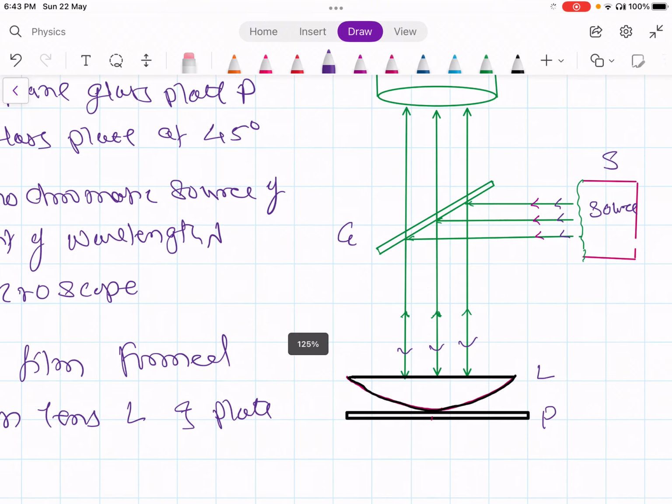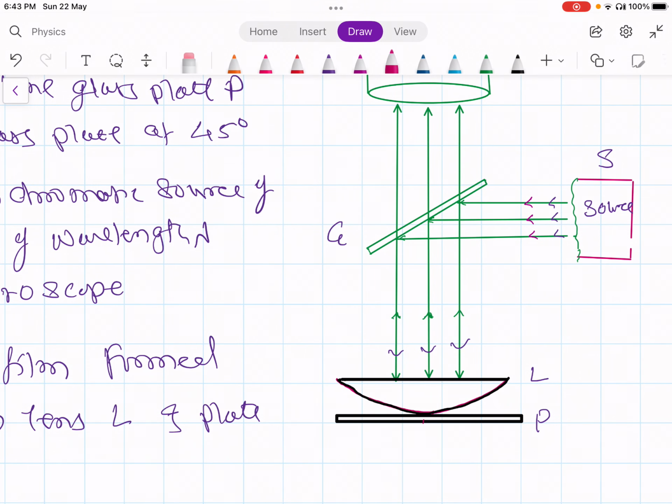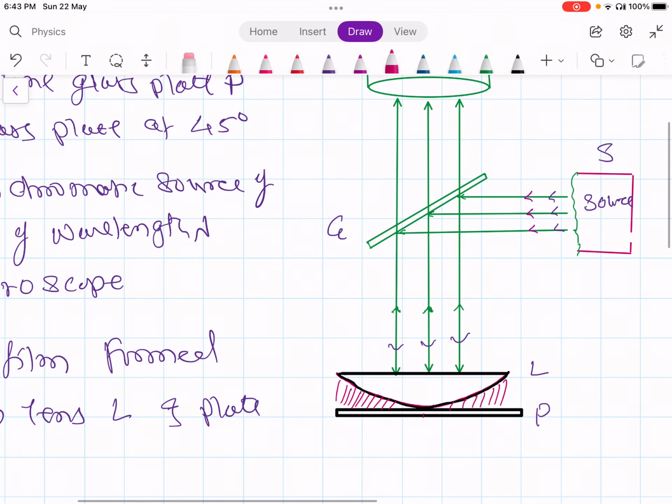Here in this diagram, a thin air film is formed between lens L and glass plate P. And this light, which is reflected from the glass plate G, falls normally on this film, on the air film.